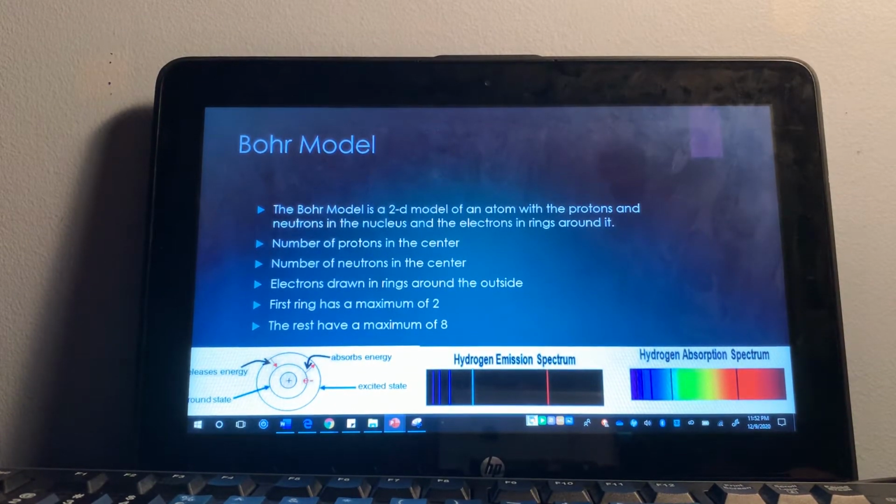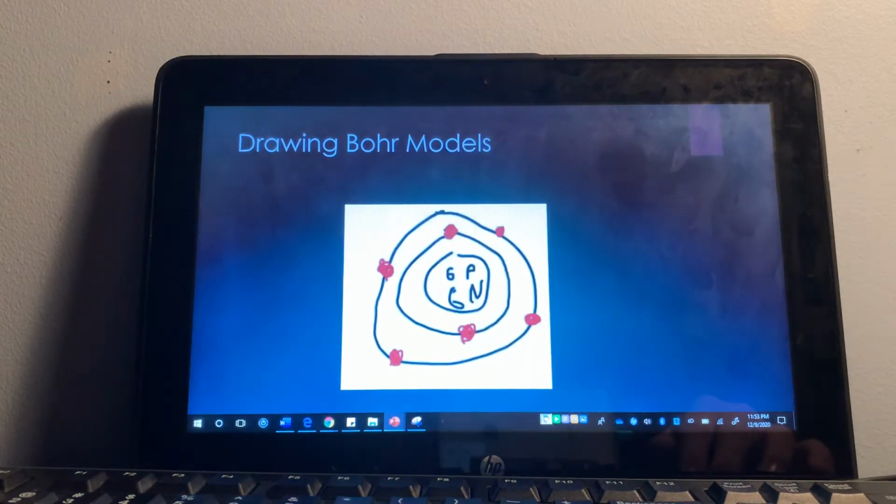Now, he thought this was because when they get excited and get more energy, then they go up a shell or out more, also known as the excited state because they absorb energy, and ground state when they release energy. He thought that could explain the excitement, and jumping could explain why the light was shown when it absorbed energy but not when it emitted it.